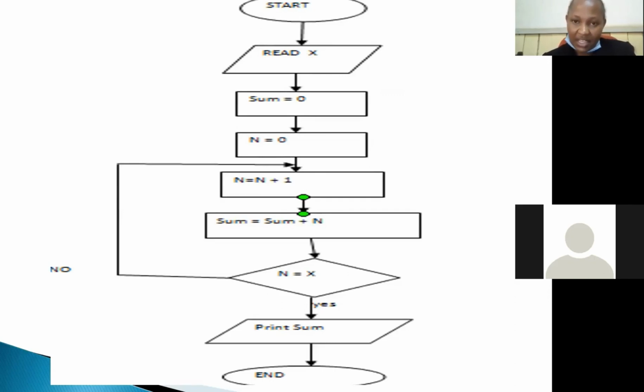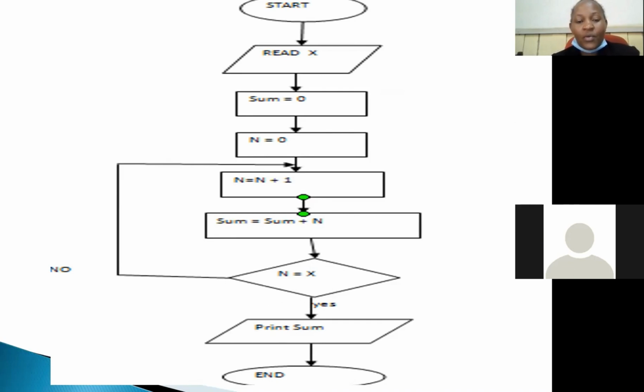For example, in this case of a flowchart, you can see we have start, read x, then sum is a process whereby sum is being initialized to a value 0. Then again we have n that is being initialized to a value 0.